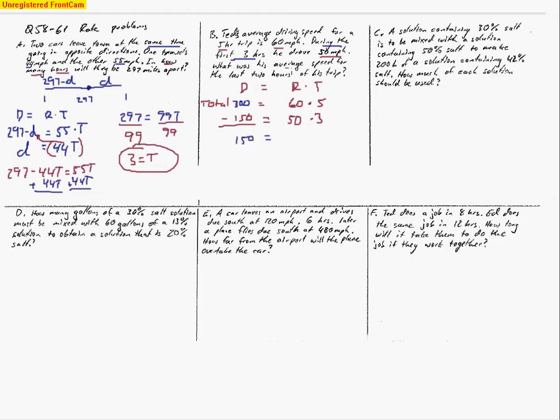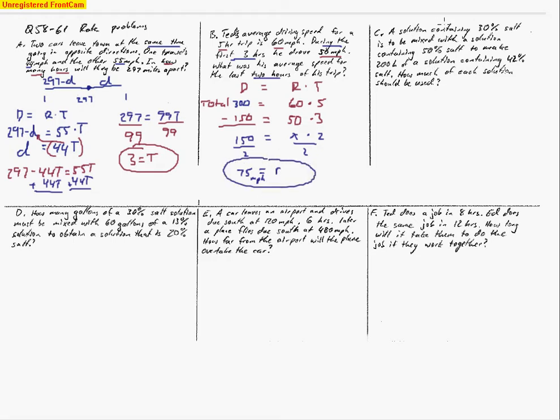It looks like they're asking for the average speed for the last 2 hours. You see 3 and 2 add to make 5, the total. We're trying to find out what that average speed was. Well, we just divide by 2, and that'll give us our speed. So 2 goes into 150 75 times. There it is: 75 miles an hour is the average speed for the last 2 hours.